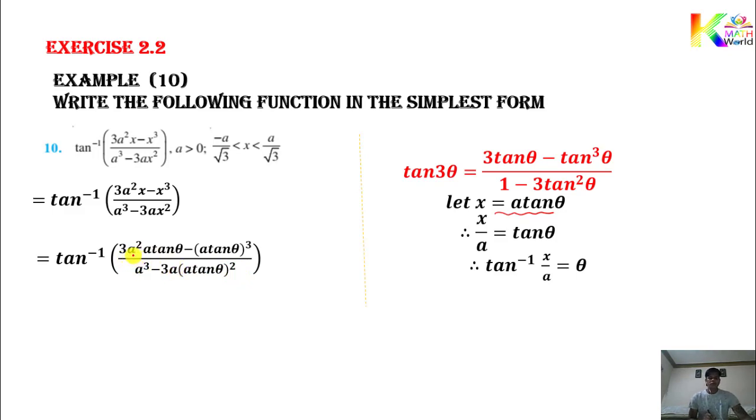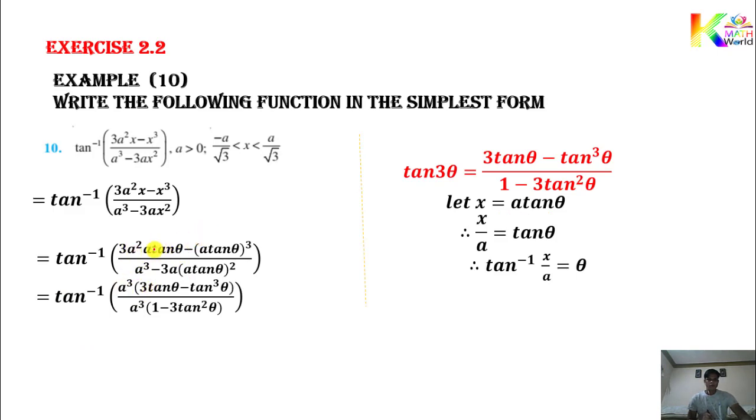When you simplify this one, here a square into a, so a cube, a outside cube is there, so you got a cube. In the same way here a cube is there. From here on you got a square into a, so that should be a cube. In the next step of simplification, a cube comes outside from the numerator, and what is left? 3 tan theta.